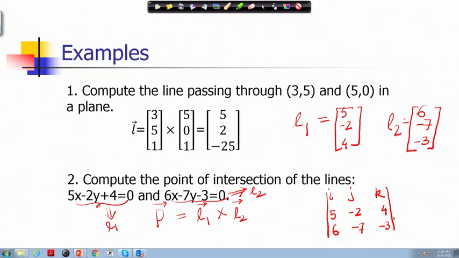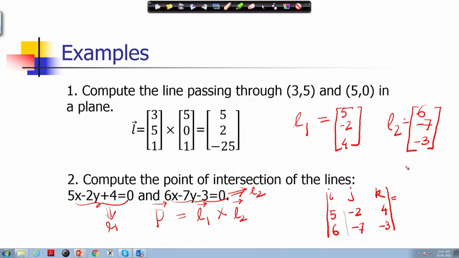Then if I expand it, what would be the expansion? Let me rub some areas. Okay. I will be expanding in this way. Say this sub-determinant, that means this and this, it is plus 6 and then plus 28.